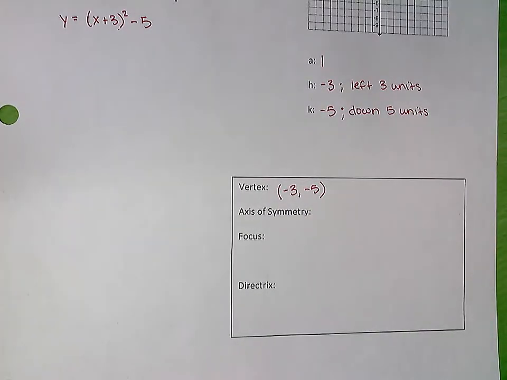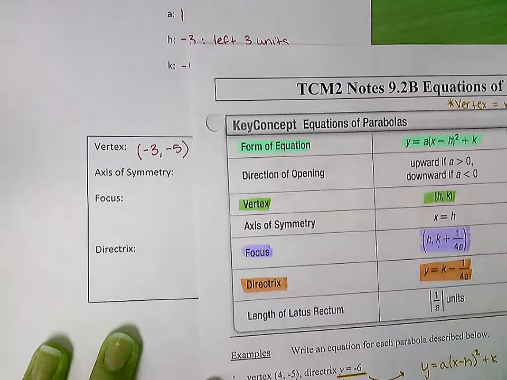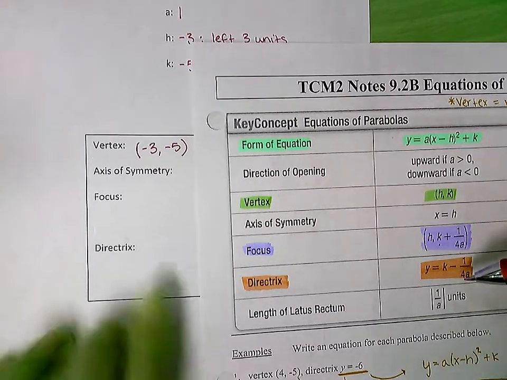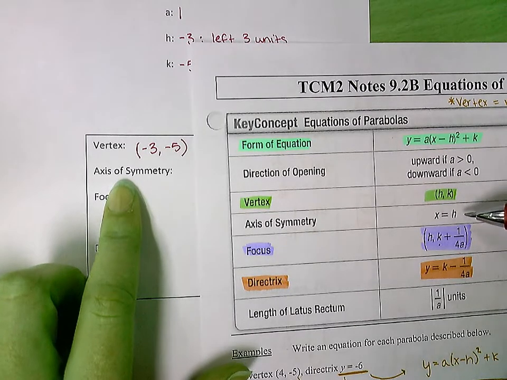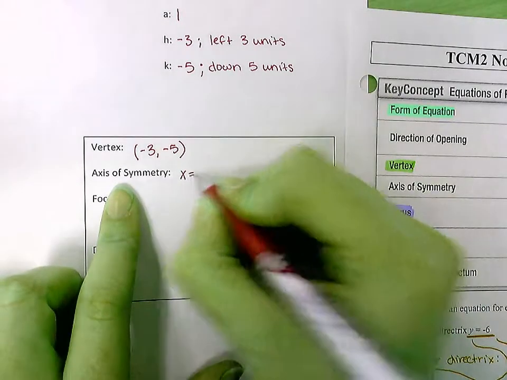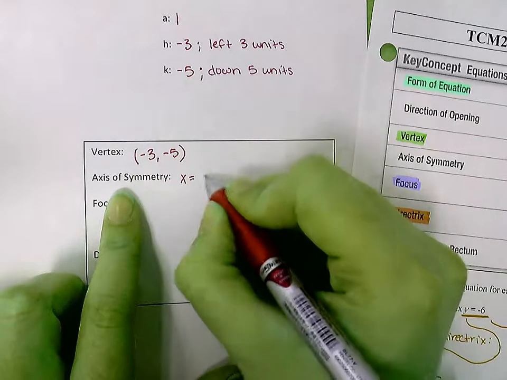Now for my form of equation, I'm using y equals, so I'm using this column. My axis of symmetry will be x equals h. So I'm going to write out x is equal to my h value, which I already found was -3.